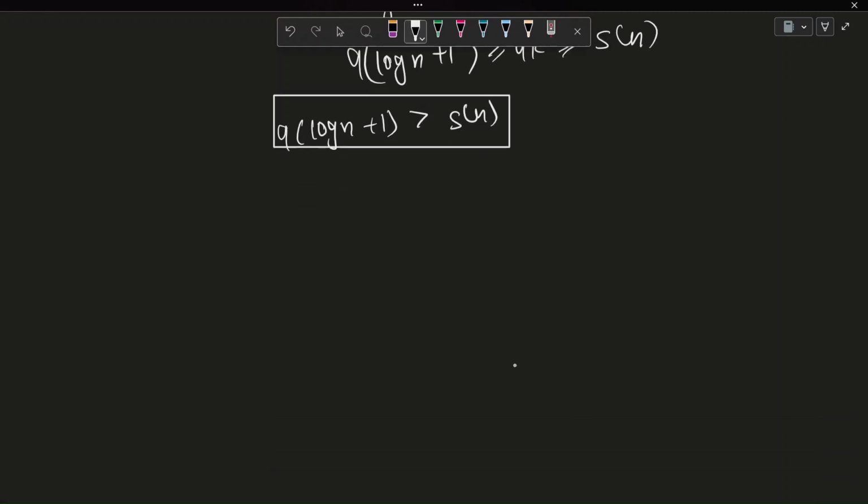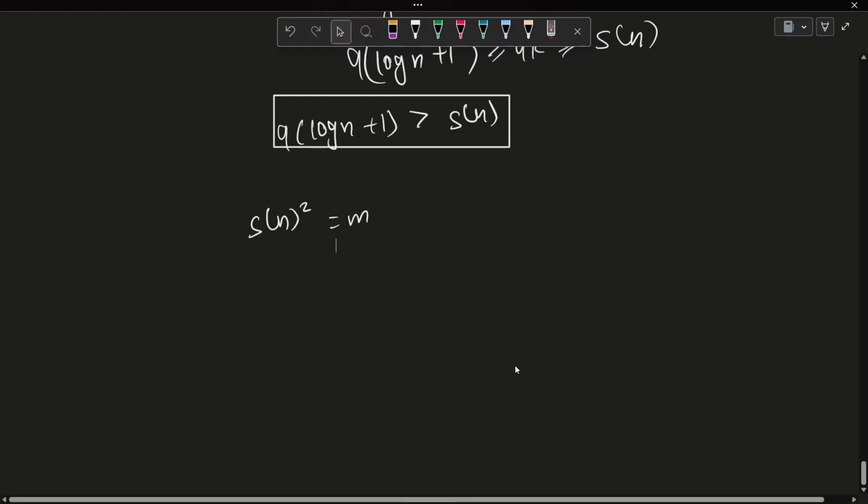Okay, now we will use this inequality repeatedly to solve our problem. We are given that f of n the whole square is equal to m. Let's write the other inequality.